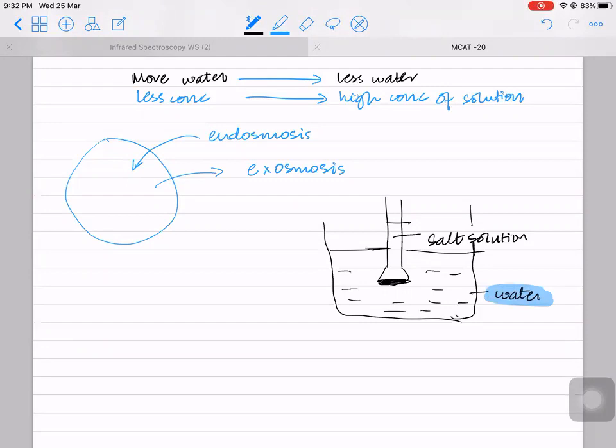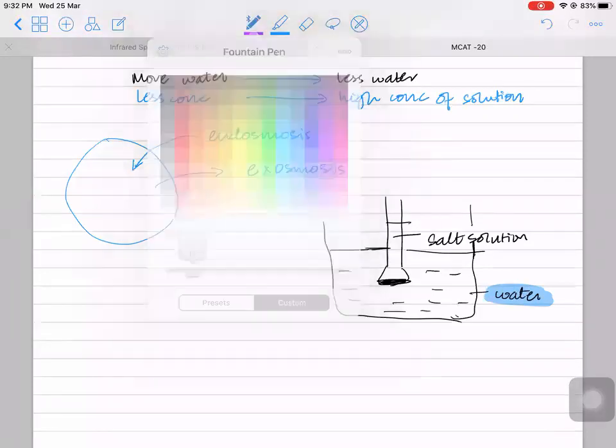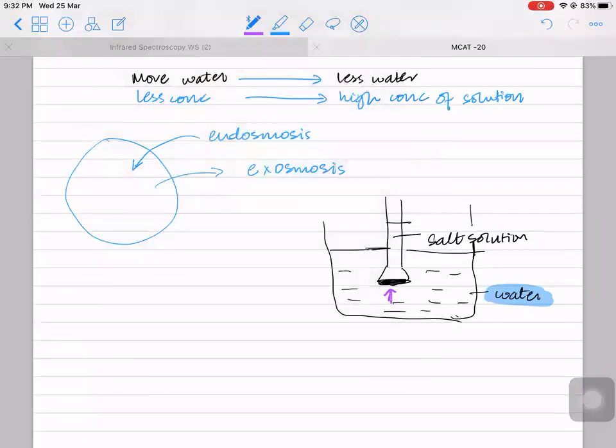So the water will be moving from an area of lower concentration to an area of higher concentration of solution, or from an area of higher concentration of the water itself to an area of lower concentration. So water will be going from the beaker into the funnel.